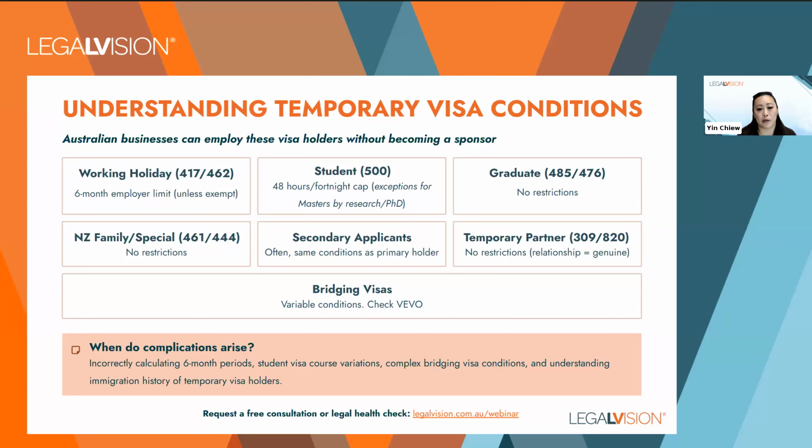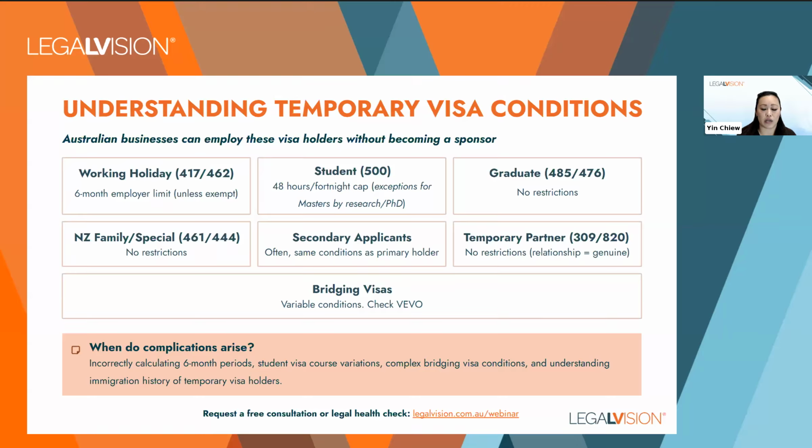So some of these temporary visas you may be aware of. You don't need to be an approved sponsor to hire someone, engage someone as an employee if they hold a working holiday visa, if they hold a student visa, graduate student visa, or they are a member of a family unit of a New Zealand citizen, or they are a New Zealand citizen, secondary applicants, family migration visas as well.